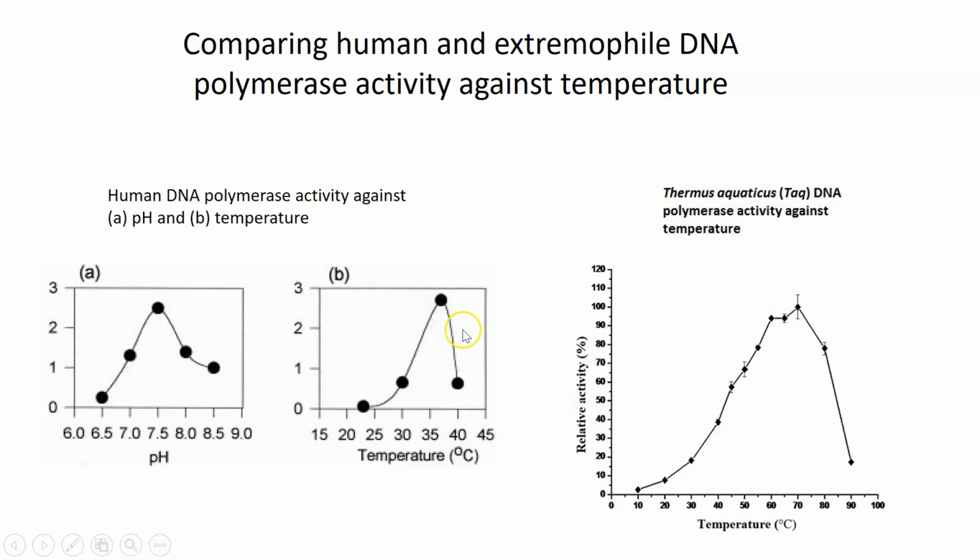And this is why we use the DNA polymerase from these extremophiles, which have adapted their DNA polymerase to work at high temperatures. Look at this. This is the DNA polymerase from one of the extremophiles, and you can see that it works best at around 75 degrees Celsius.